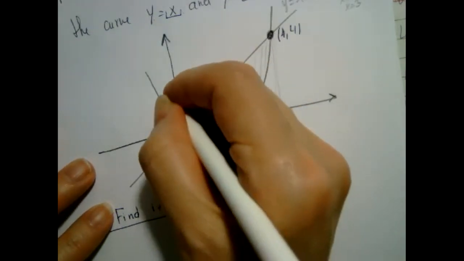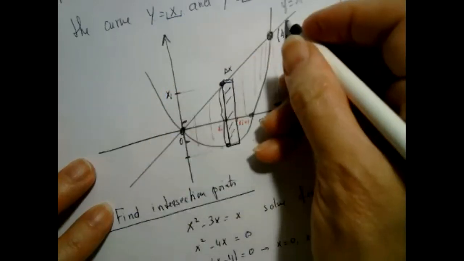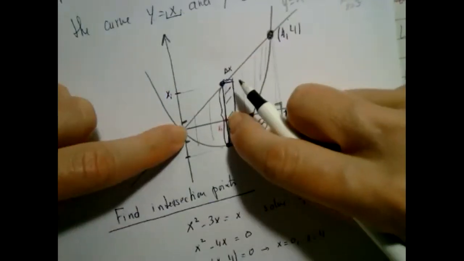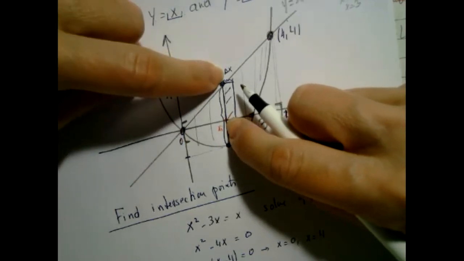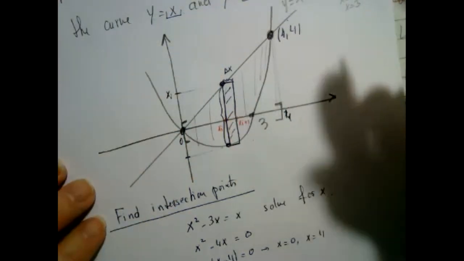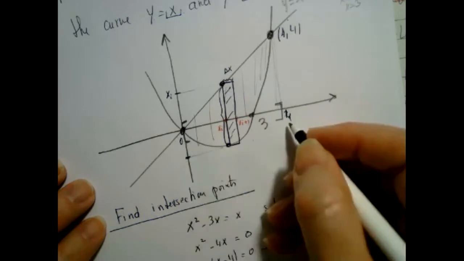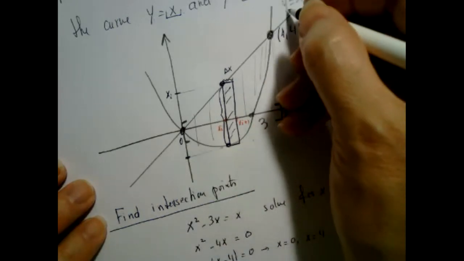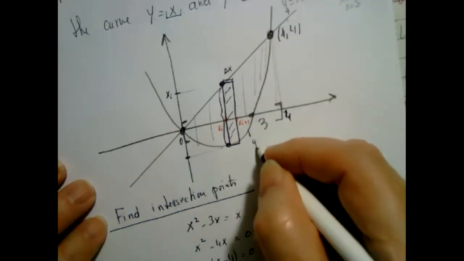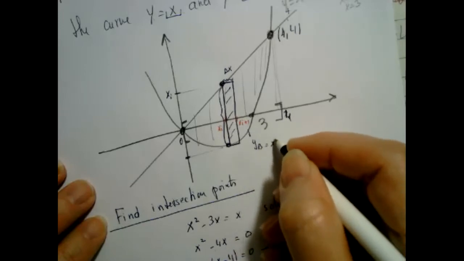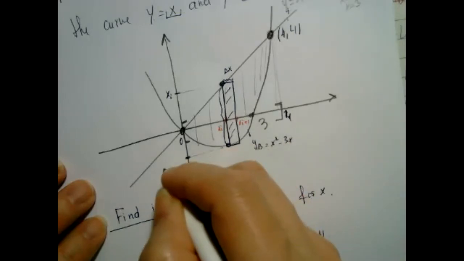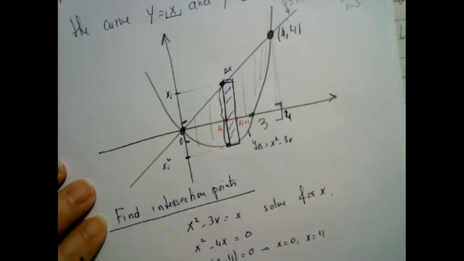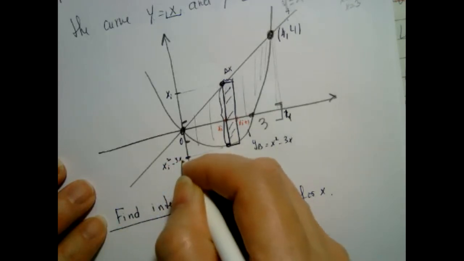This is xi because that's the graph of y equal x. So whatever xi is, from here to here, I have also xi because that's the graph. Down here, it's the bottom one. So that's the top, and the bottom one is x squared minus 3x. So this is xi squared minus 3xi.